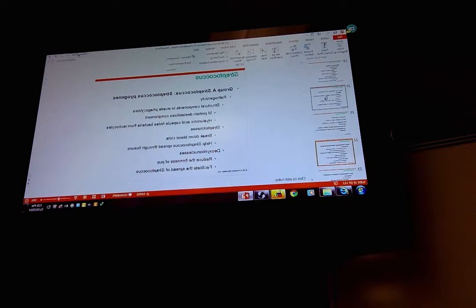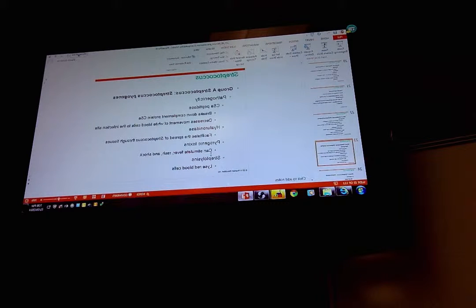I would like for you to know that Group A Streptococcus is S. pyogenes. I would like for you to know what M protein does, what the hyaluronic acid capsule does, what the streptokinases do, what the deoxyribonucleases do.